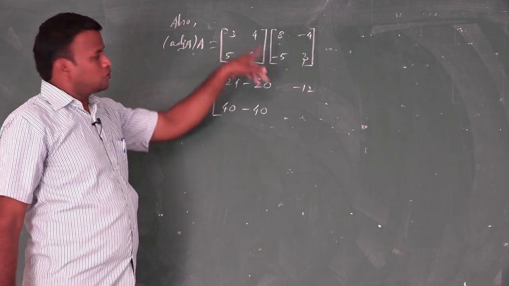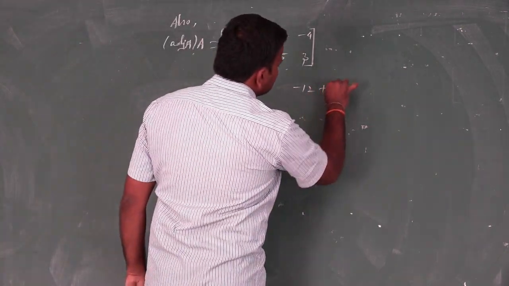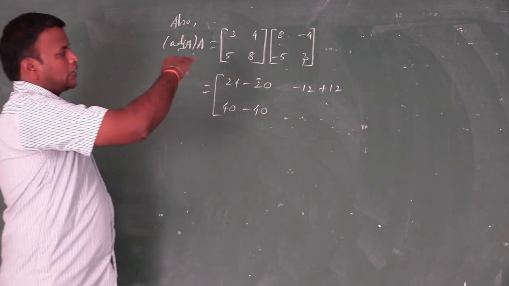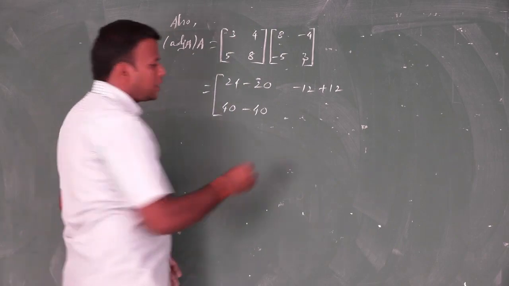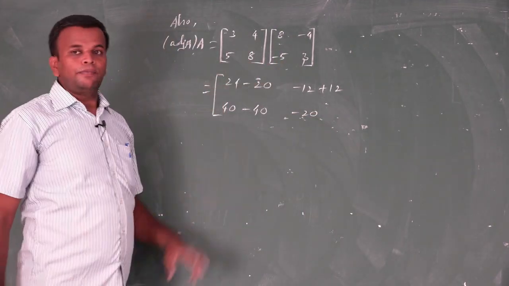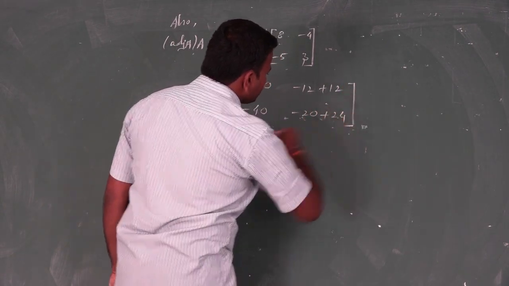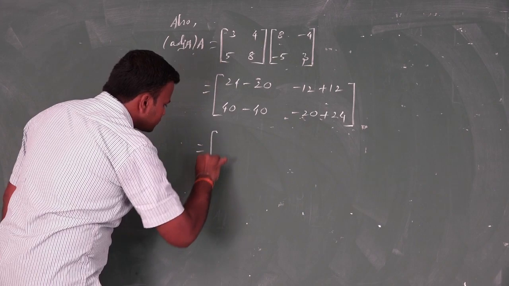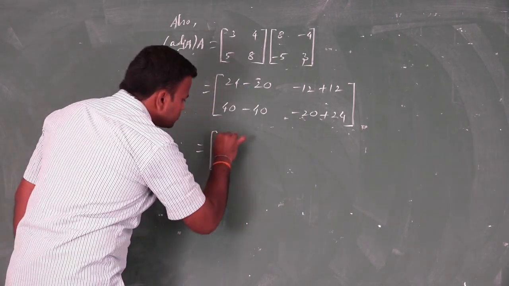We move the elements. 4 3s are plus 12. Next, second row, second column. 5 into minus 4 is minus 20. 8 3s are plus 24.